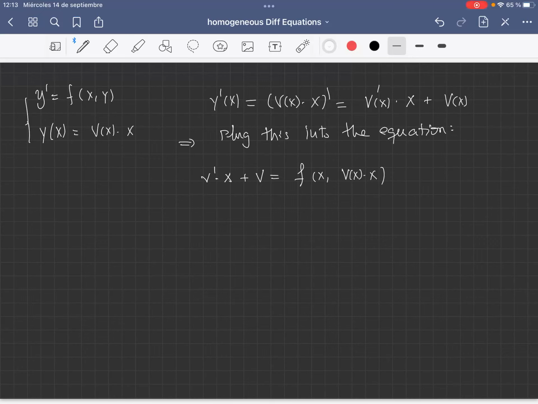So now here we're going to apply that f is actually a homogeneous function. Notice here that the x in this case is the parameter that was playing the role of lambda.